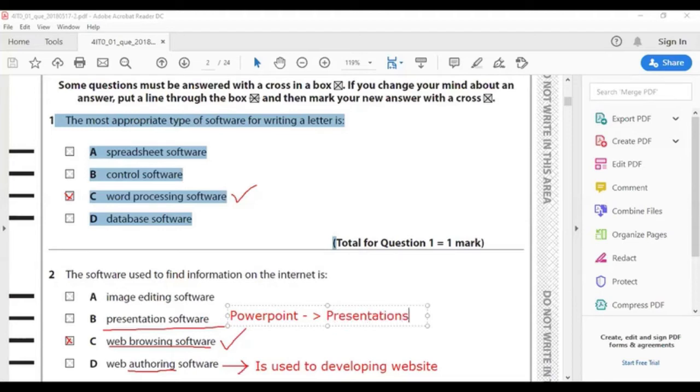Okay. And what's image editing software? I guess that's Paint. Yeah, very right. So Microsoft Paint. Okay, clear, guys. Let's move.